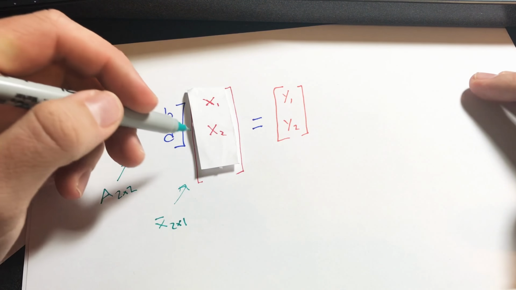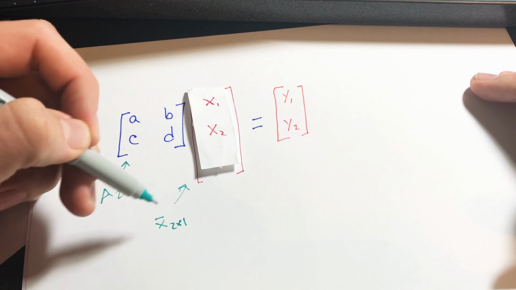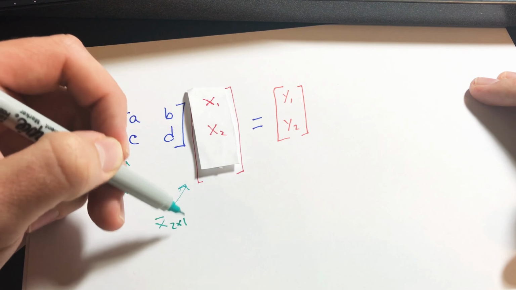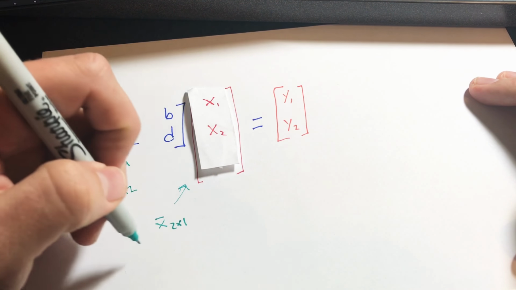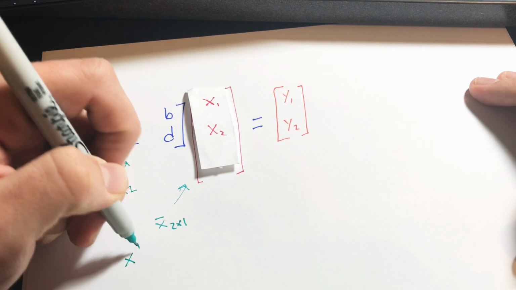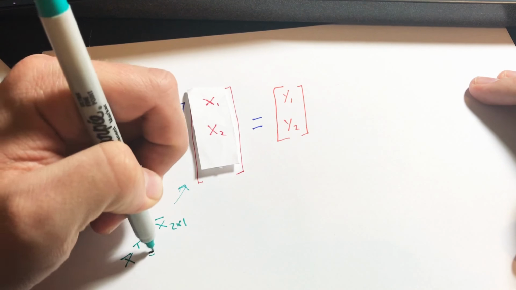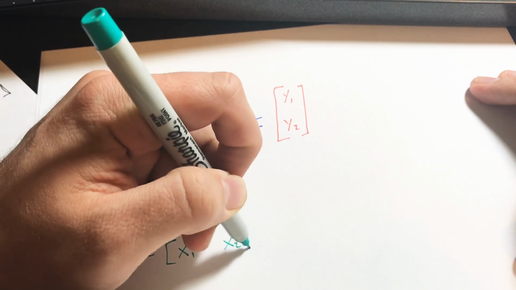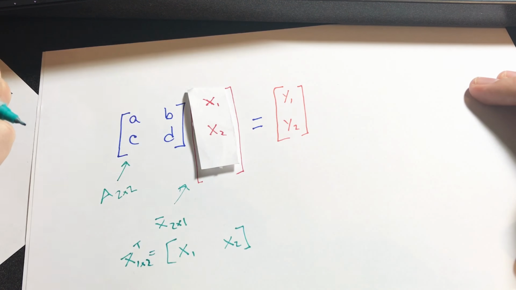Okay? So a vector is just a type of matrix that either has some number of rows and 1 column, or 1 row and a number of columns. The transpose of X, basically all you do is flip the rows and columns. That would just be x1, x2. So it's the same thing. This is a 1 by 2 matrix.